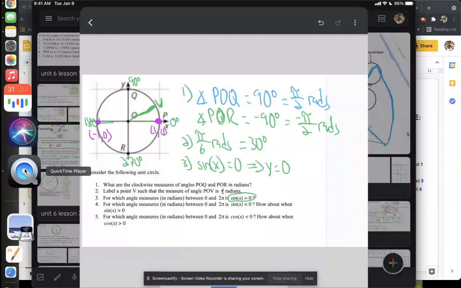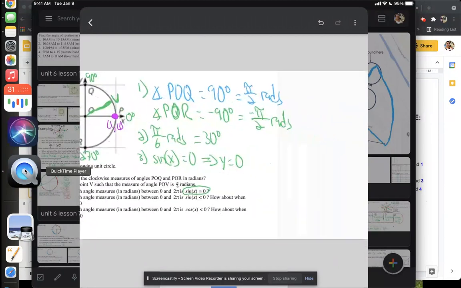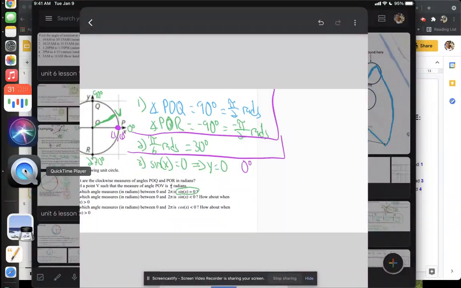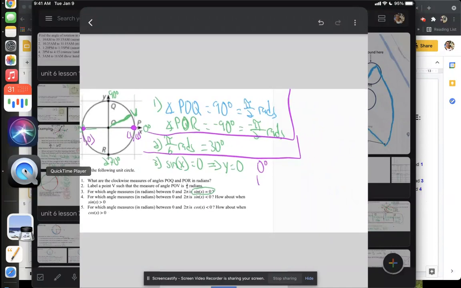So for number 3, the values are 0 degrees and 180 degrees. Those are the angle measurements in degrees that have a sine of 0. So now I just have to convert those to radians.